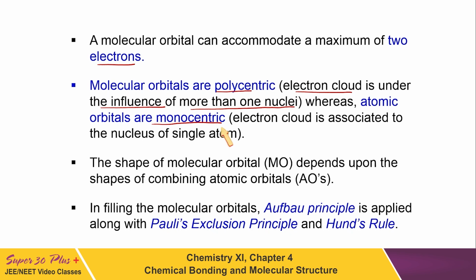AO belongs to the atom, so electron clouds are associated with a single nucleus. The shape of MO depends upon the shape of AO. Depending upon the type of AO that combine, the shape of MO is determined.